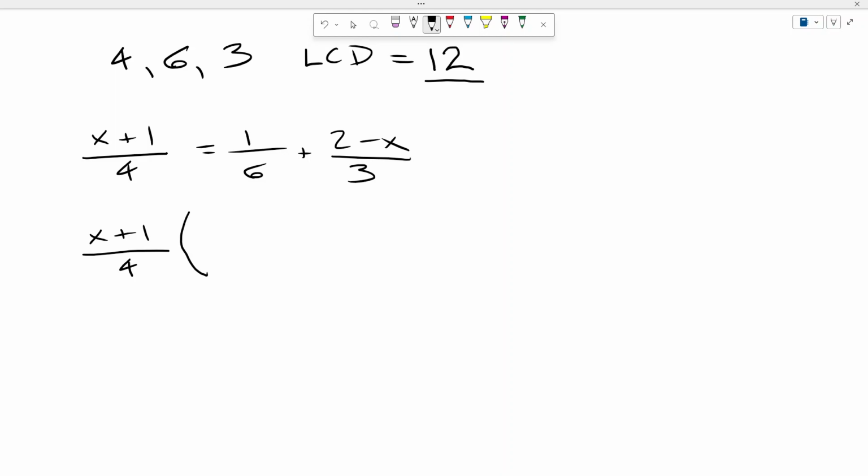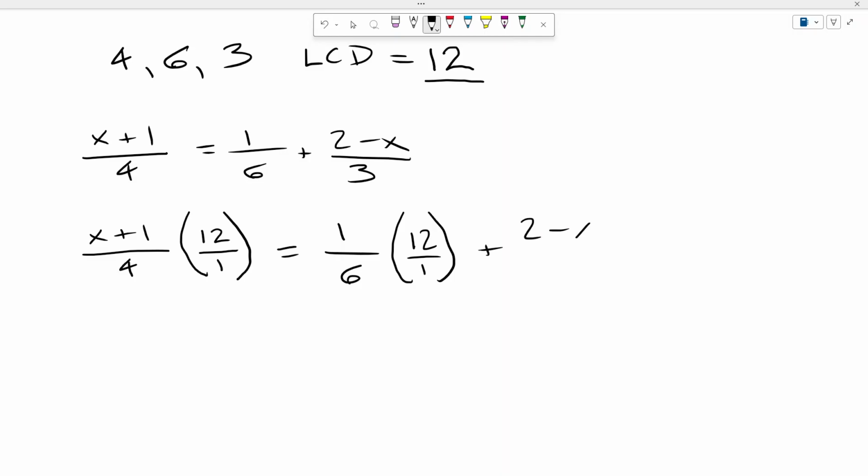I'm going to write our LCD as 12 over 1, which is the same thing as saying 12, just in fraction form, and then equal to, and then plus 2 minus x.